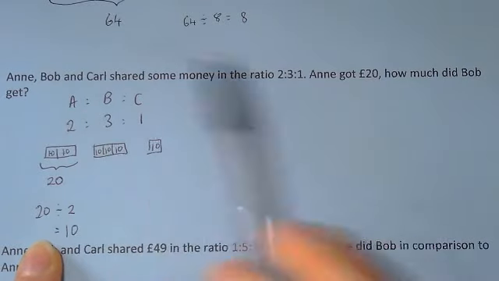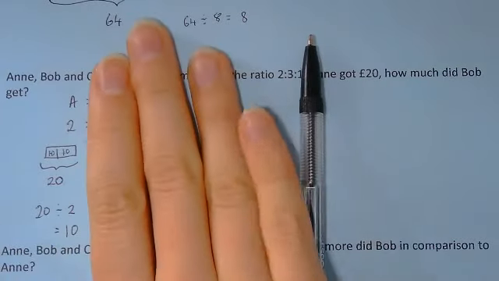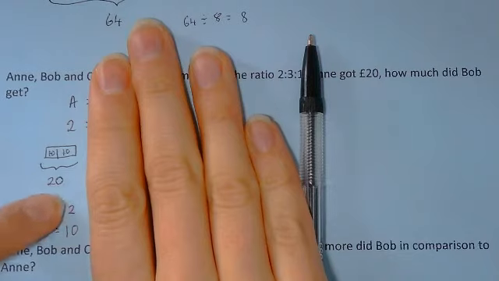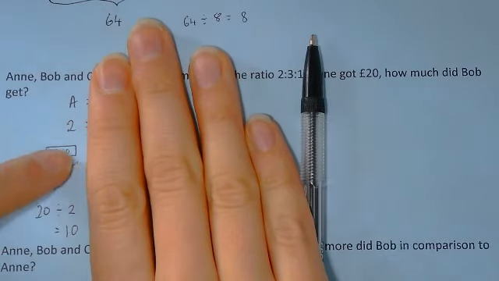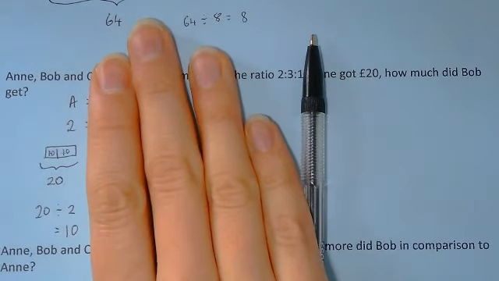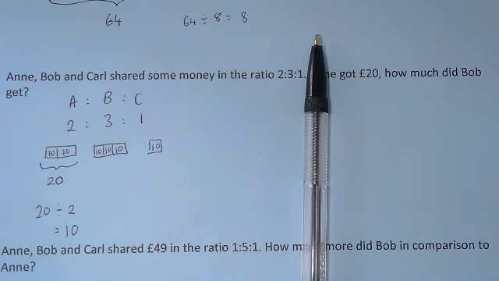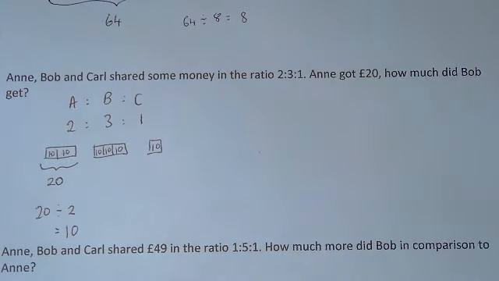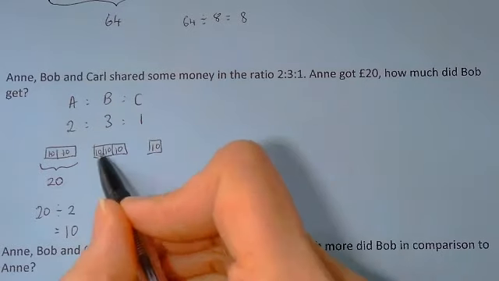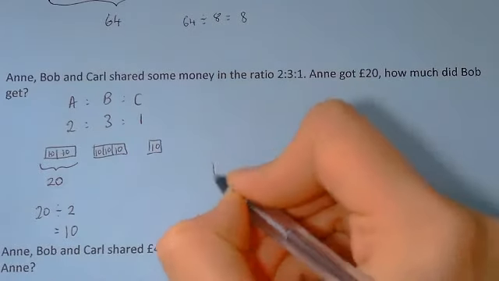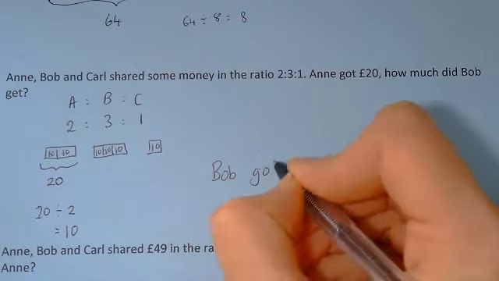So this is Anne's section, and I can ignore all of this for now. This 20 relates to those two bars. So I put 10 in each of those bars to make 20, and then I put 10 in the rest of the bars. So, what does the question say? How much did Bob get? Well, let's look at Bob. He got 10, 20, 30.